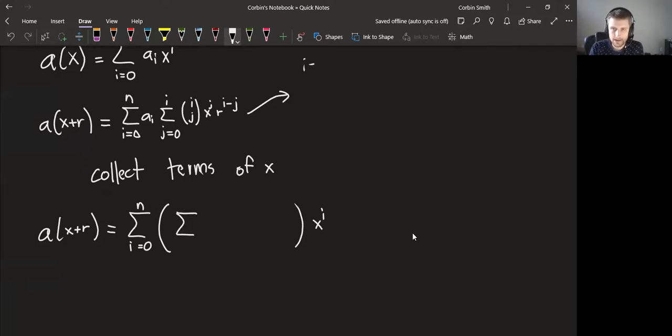So when i is equal to 0, then we're going to have a0, and that's not just it. We're going to have that for all the values of j. So that's going to be plus a1 times 1 choose 0, which is just 1, times x to the 0, because we want to have the 0th power of x, times r.